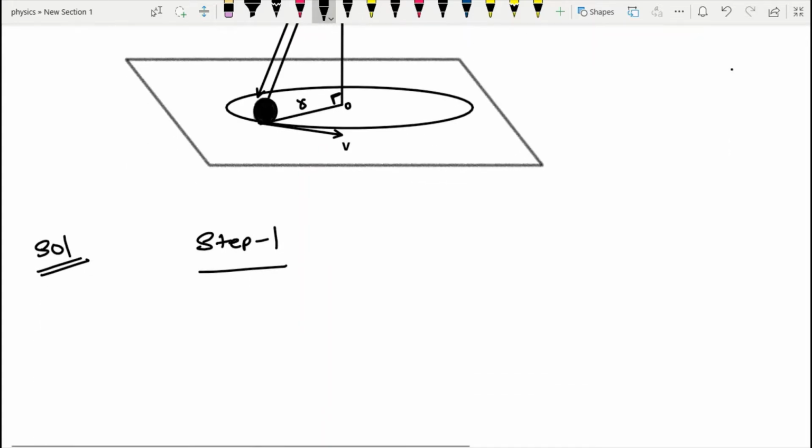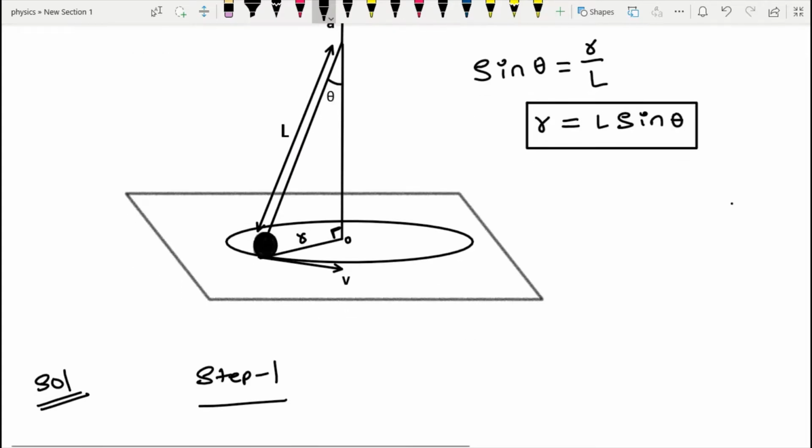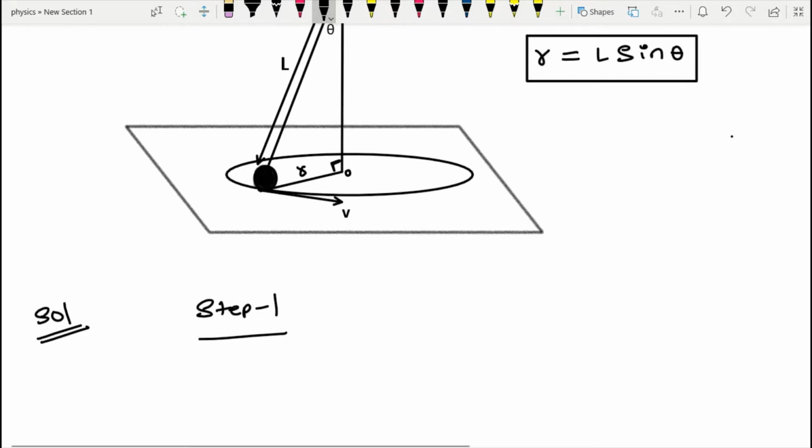So now without acceleration a, the ball is moving on a floor with a velocity v. So definitely the ball will experience an acceleration which is directed towards the center. That is what we call centripetal acceleration.